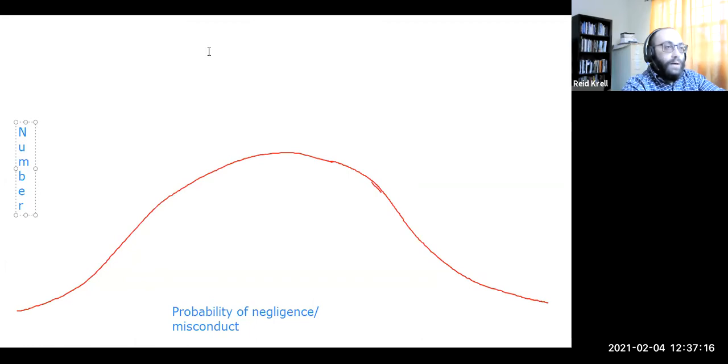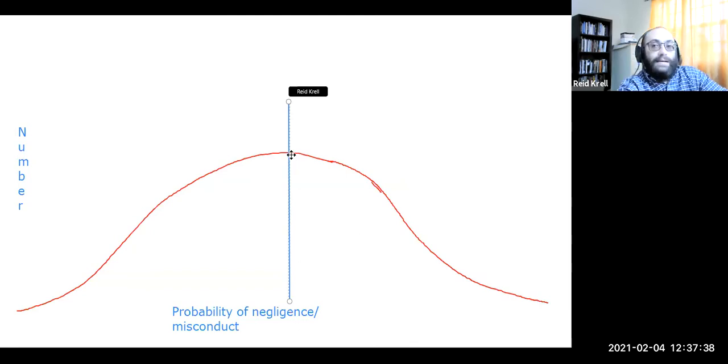So in tort, liability is imposed for every case to the right of the blue line. If we have the balance of probabilities, every case that has 50% and something in addition to that goes to the defendant being found liable. But in criminal cases, the standard of proof is much higher.